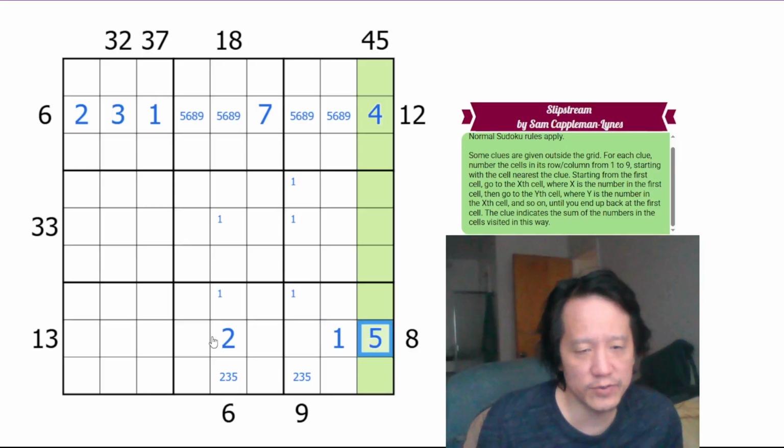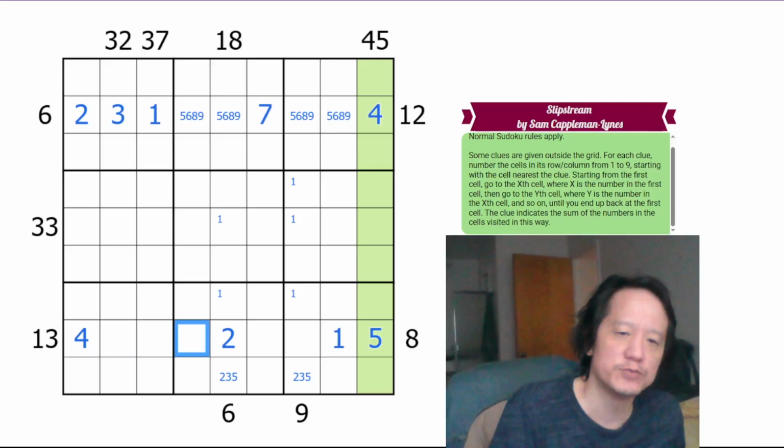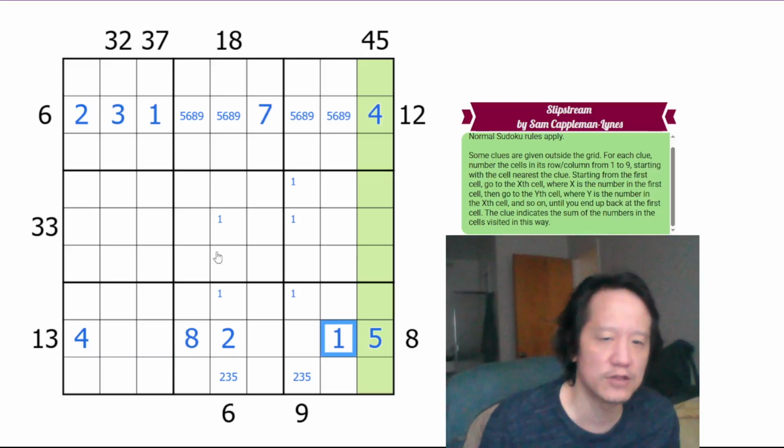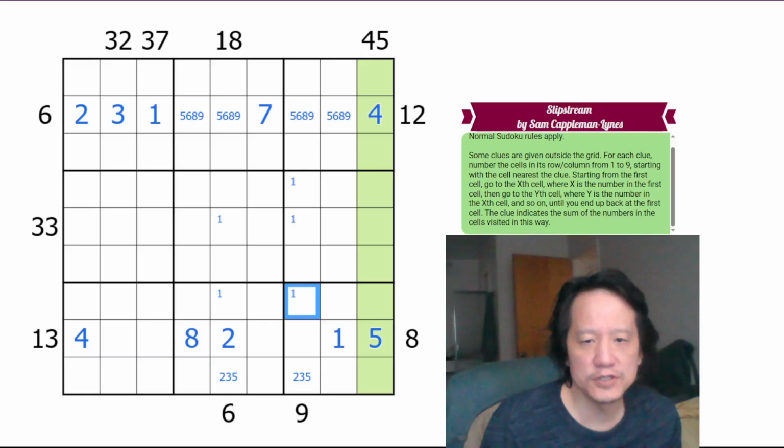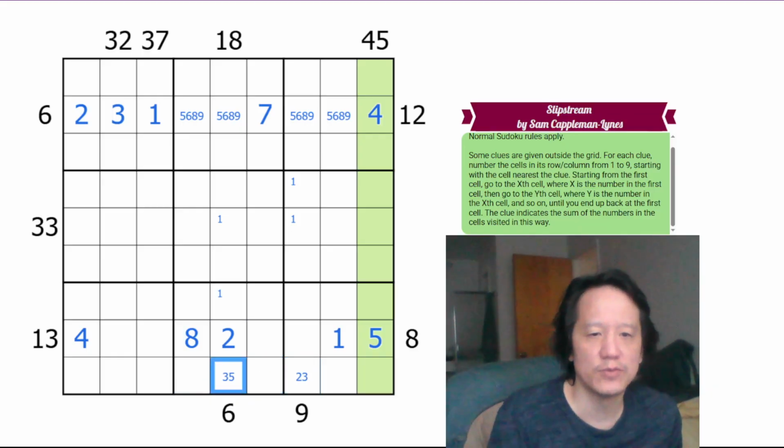Right? 5 going to 2, going to 1. We have 8 here we need to get to. 1 and 8 adds up with 4 to add up to 13. So this must be 4, which makes this an 8, which makes that 13. So this cannot be 1 here. That means this can't be 5. This can't be 2 anymore.